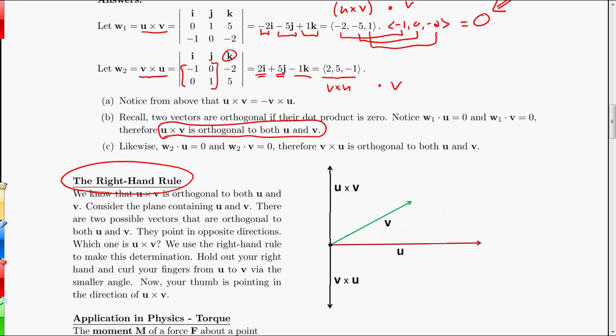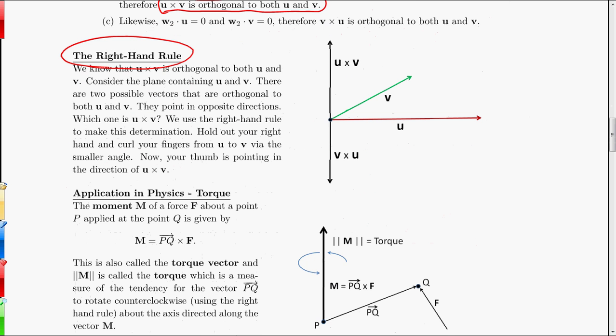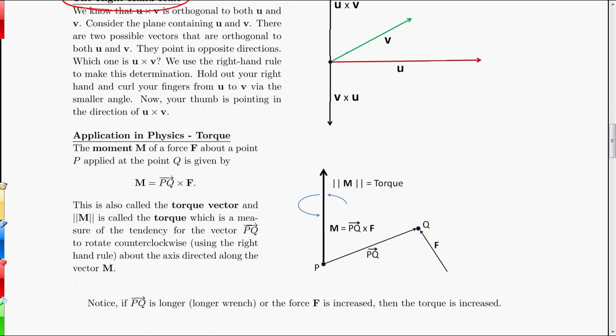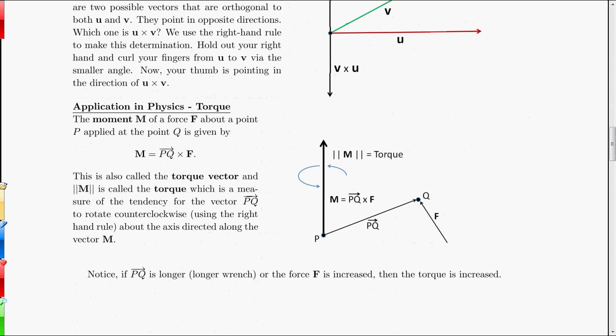There's a little application in physics, and that used to be the standard application. There's a better one for computer graphics we'll do in a second. But specifically, if you have a vector PQ and you apply some force to the end of it at Q, then the moment of that force about P is given by this thing called the torque vector.